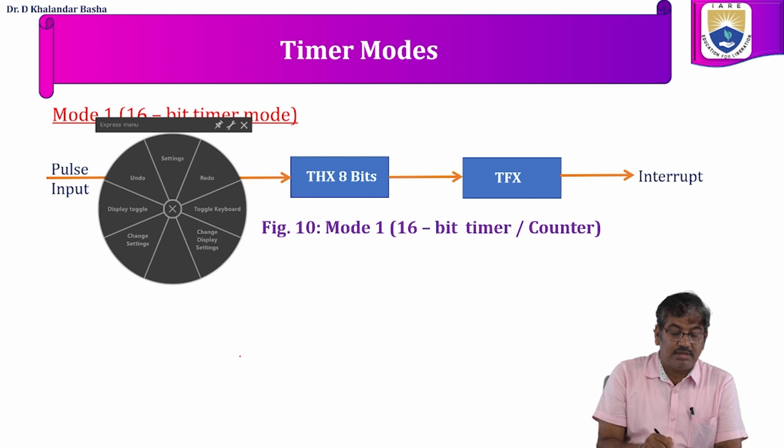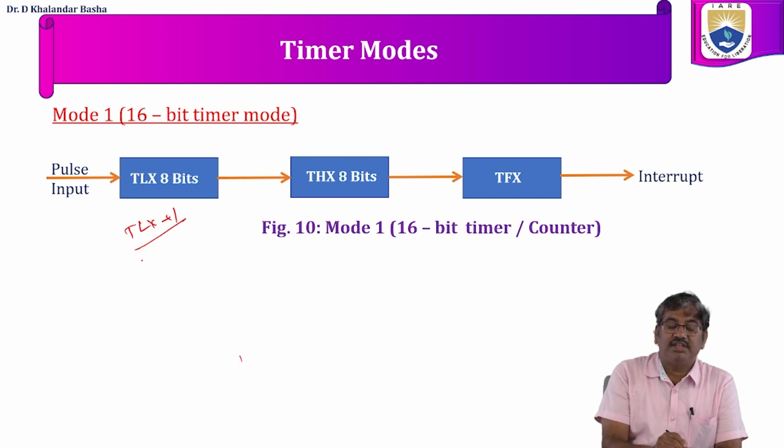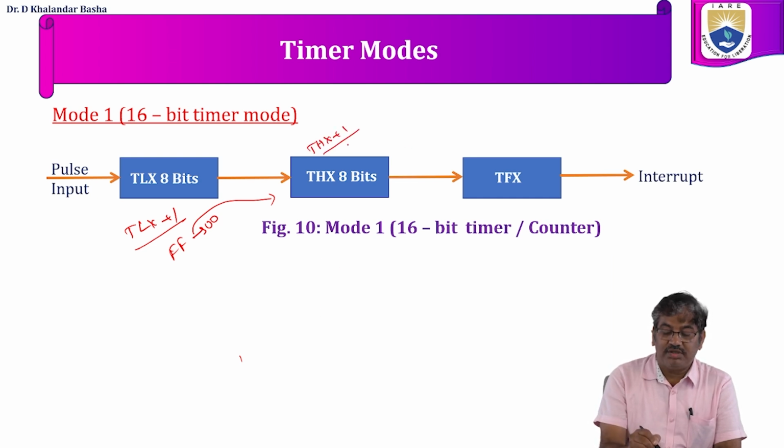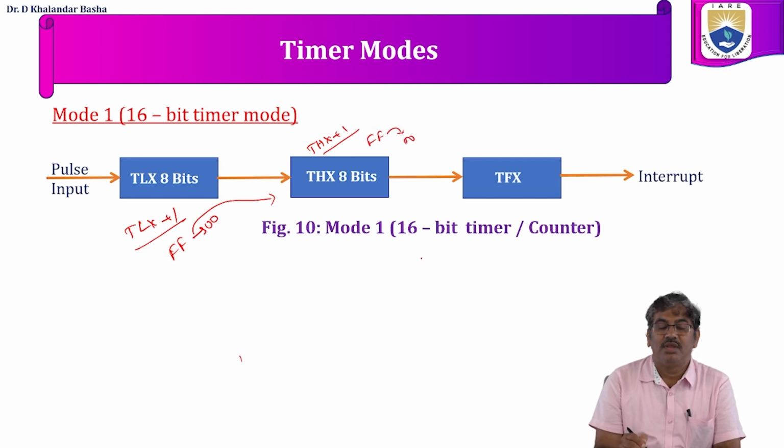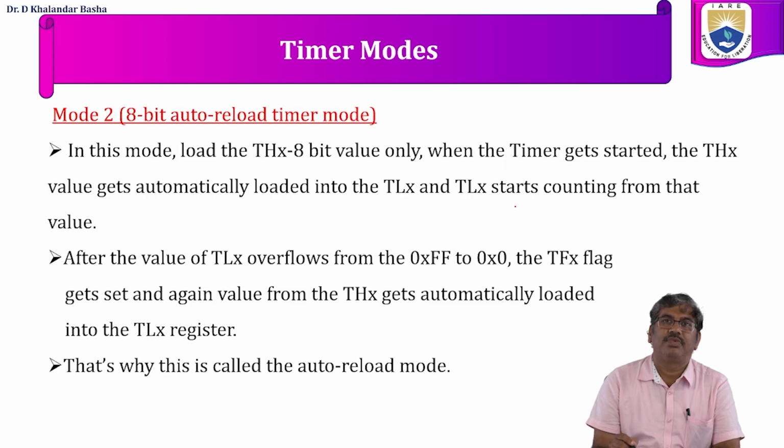Whenever TLX reaches FF, it overflows to 00. Whenever this overflow occurs, THX will be incremented by 1. It keeps incrementing until FF. For the next clock pulse, it resets from FF to 00. Once this overflow occurs, an interrupt will be generated for either timer 0 or timer 1.